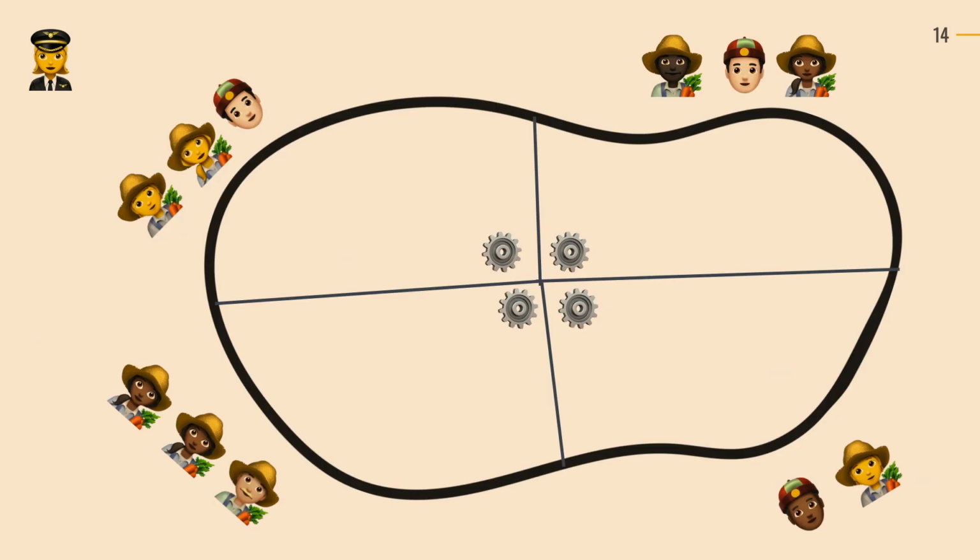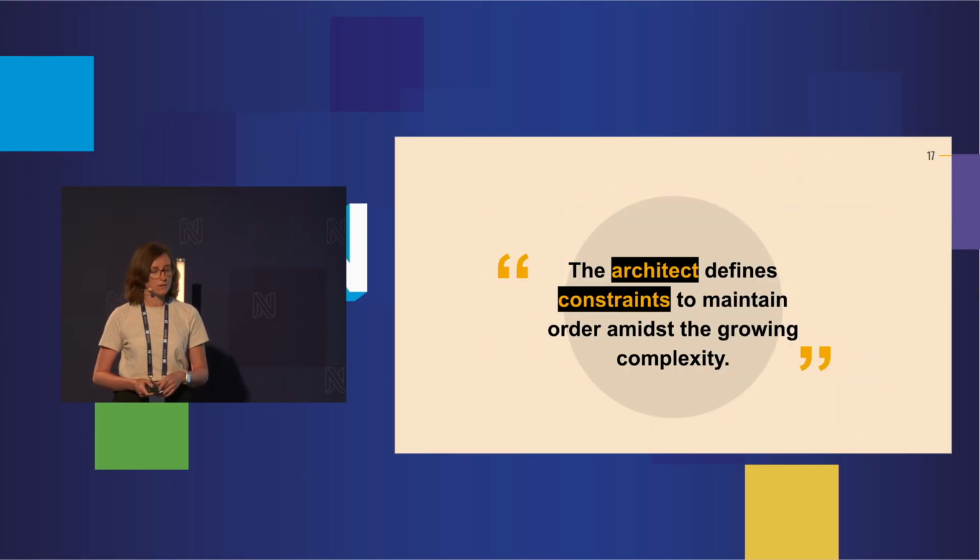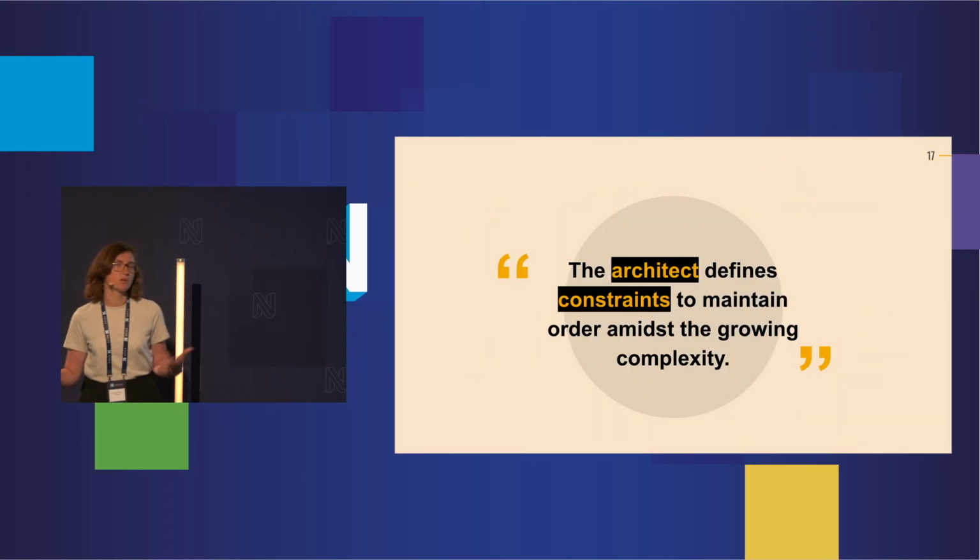And what the architect does is that often they bring in certain rules, like maybe they say, well, we can only have a certain vegetation type in a certain area. We have the African animals, and we have the birds, and then we have 2 or 3 caretakers per area of the zoo. And that's what a lot of architects do.